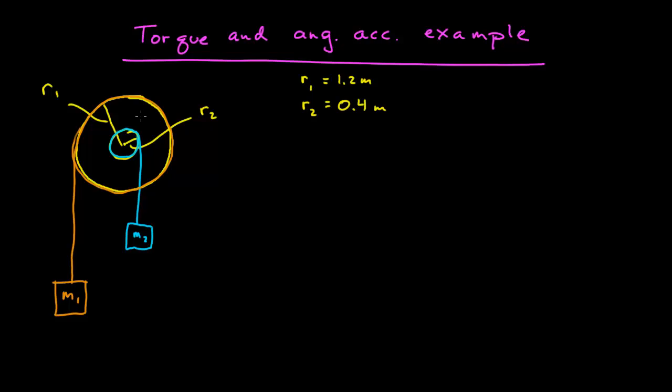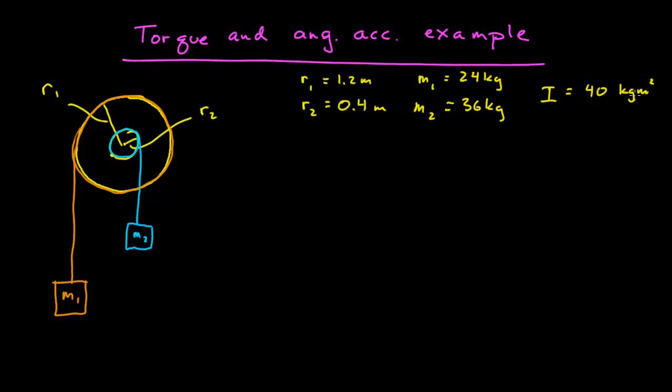And remember, these pulleys themselves are fixed relative to each other, so they rotate at the same rate. Let's say M1 is equal to 24 kilograms. We're going to say M2 is equal to 36 kilograms, and luckily we just know the moment of inertia of the whole object is equal to 40 kilogram meters squared.